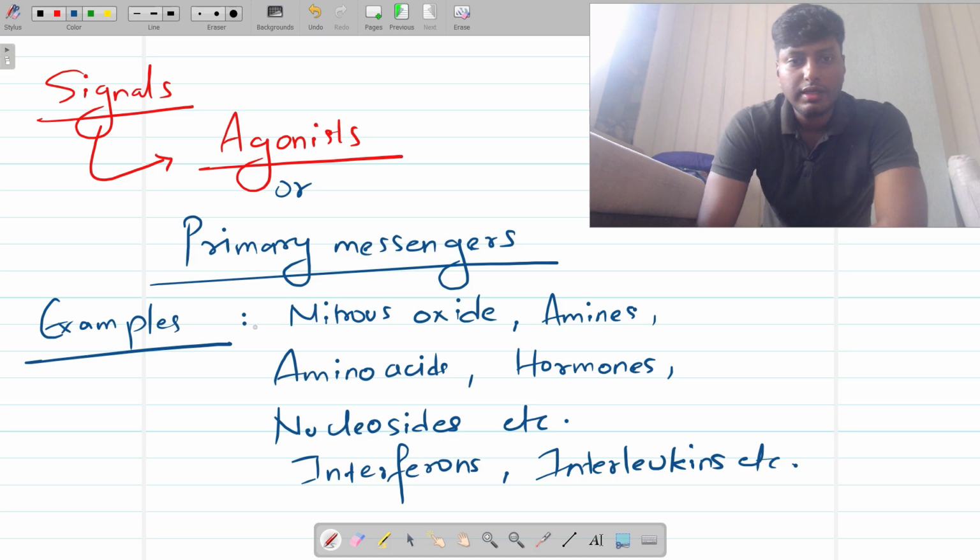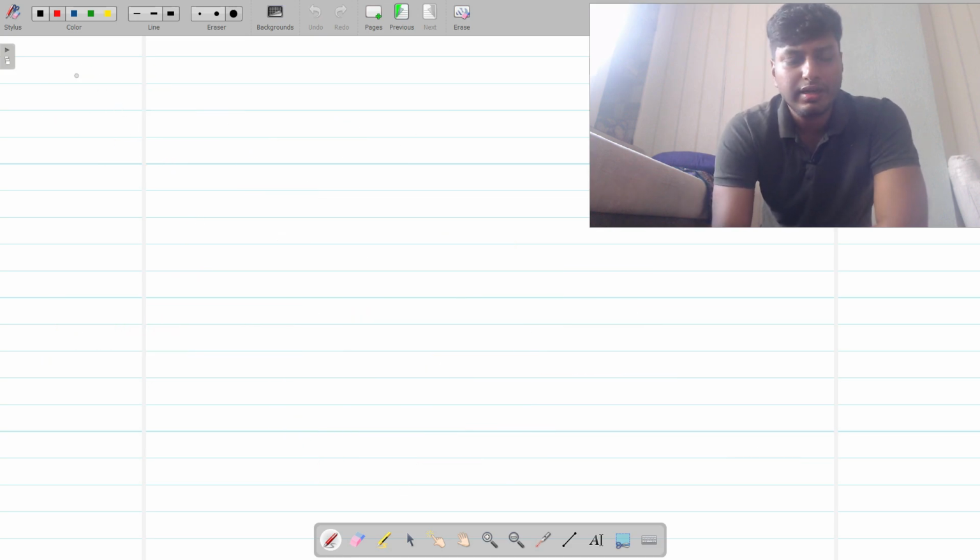Whenever these signals are received, the cell is going to show a response based on the type of signal. So let us understand how the cell receives these kinds of signals. As we said, there are special structures present on the cell membrane or inside the cell in the cytoplasm. These are called receptors.